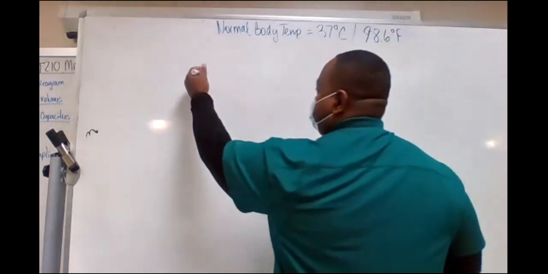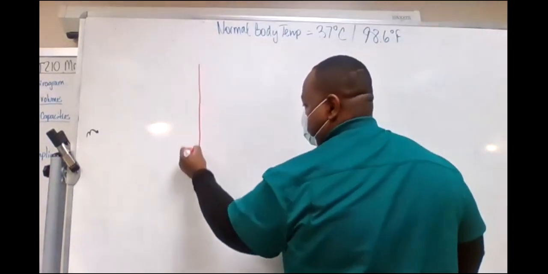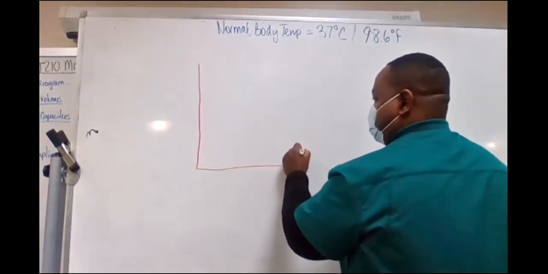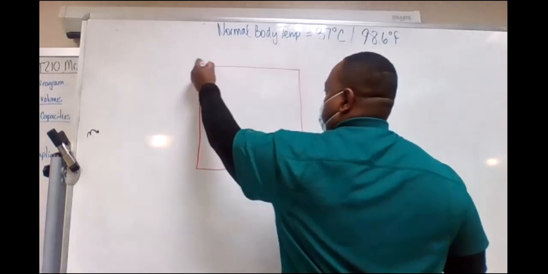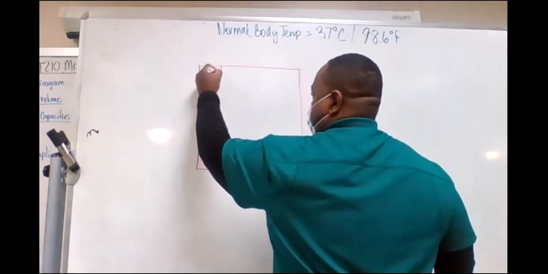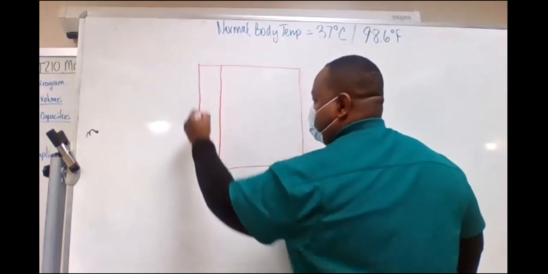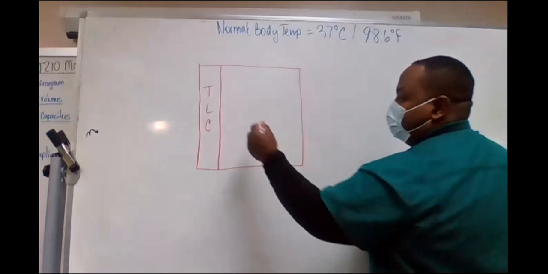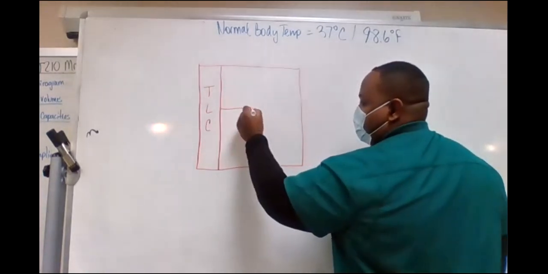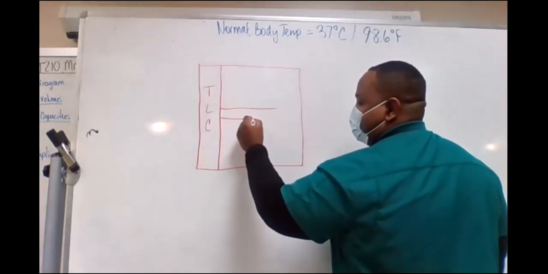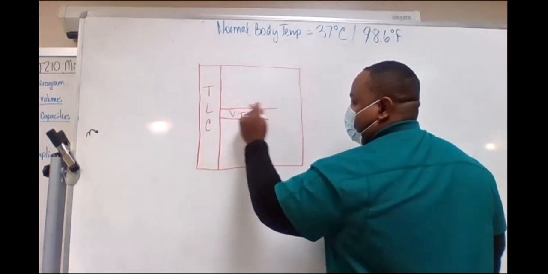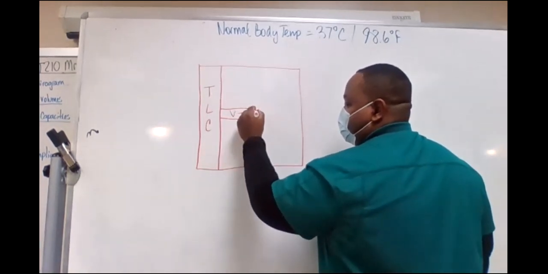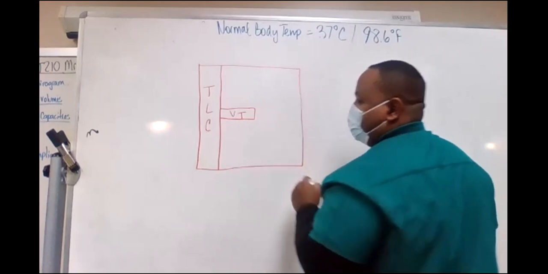All right, so you can simply make a box. Then make a long box here for TLC. Then I like to go in the middle. The middle is tidal volume.